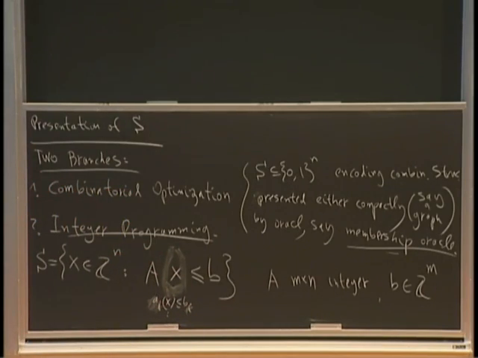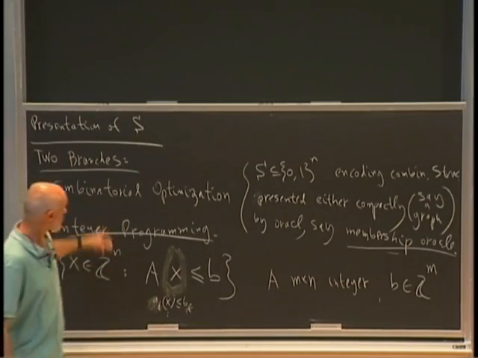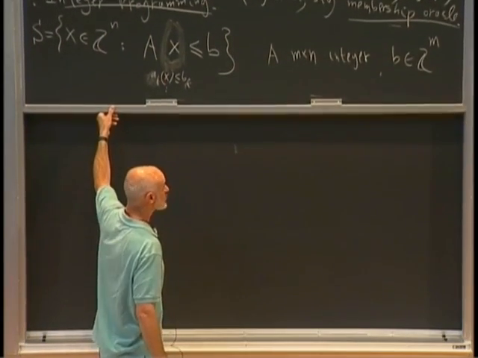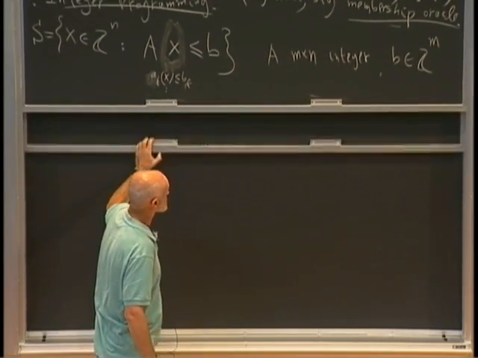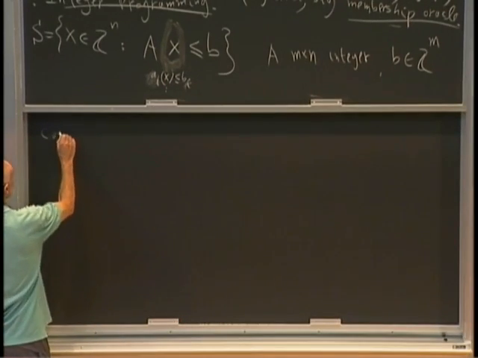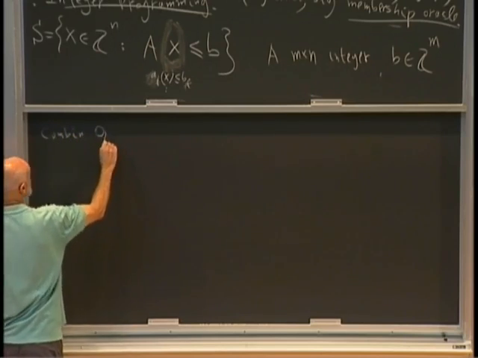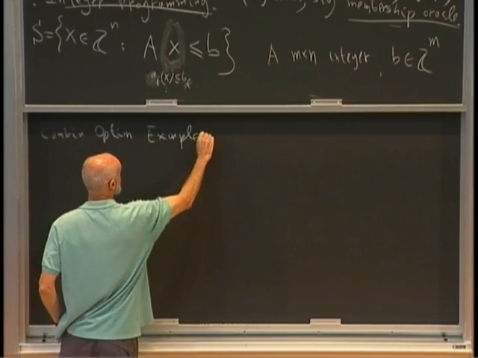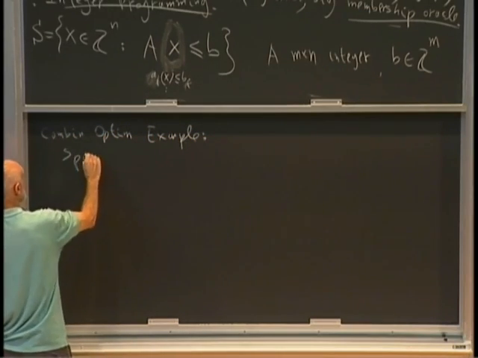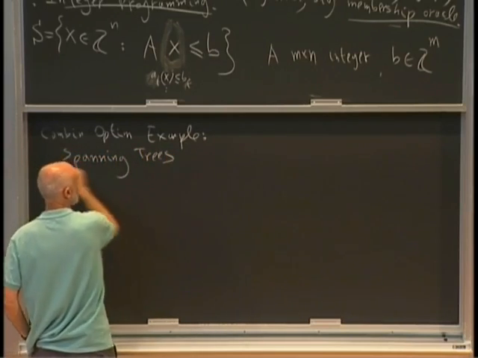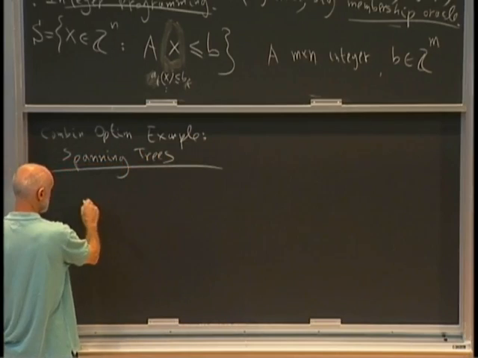Let me just give one example of a combinatorial optimization problem, though again, we are not going to discuss this much in the course. The example is spanning trees in a graph.